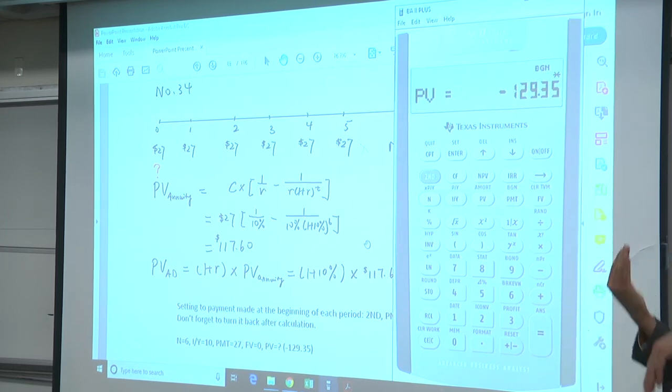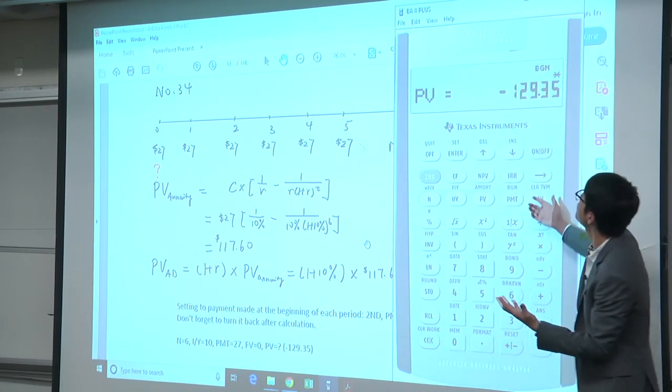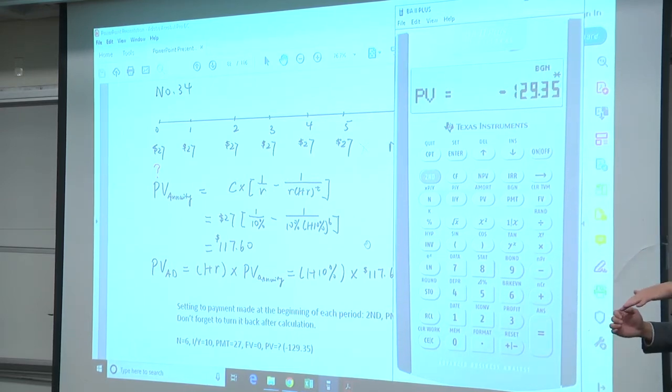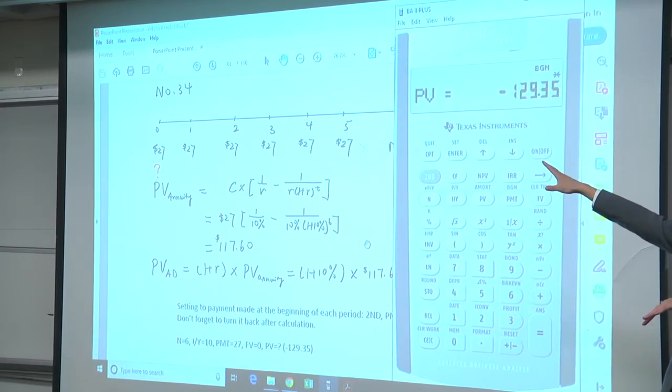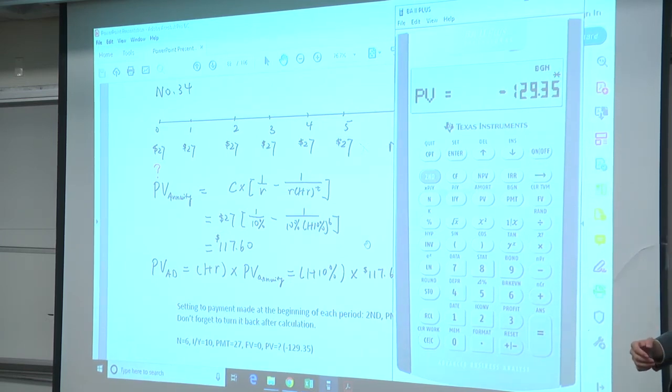In present value terms, they're even. So if you put in positive incomes in the future, you will have a negative present value today. The negative present value stands for you having to pay this much to receive that much in the future. Or if you have a positive present value, that means you're receiving this much now, but you have to pay later. All right.